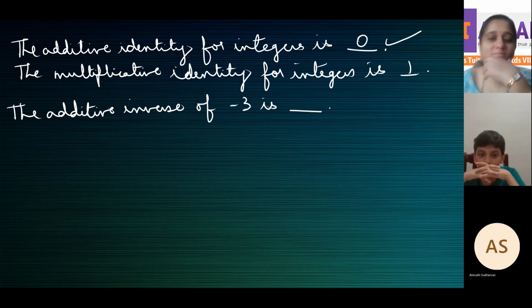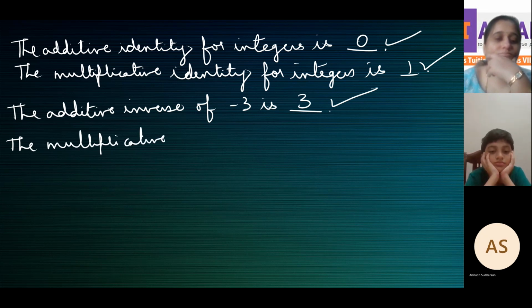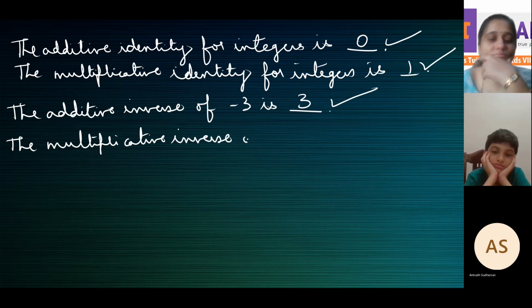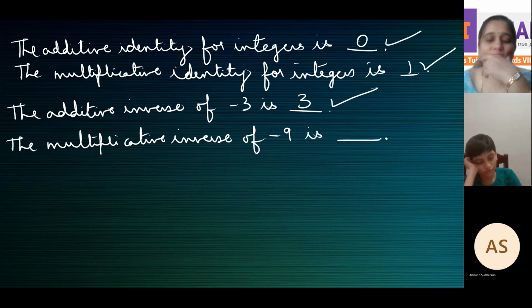Navneet. 3. Anirudh. Ma'am, the multiplicative inverse of minus 9 is, multiplicative means 1, ma'am.